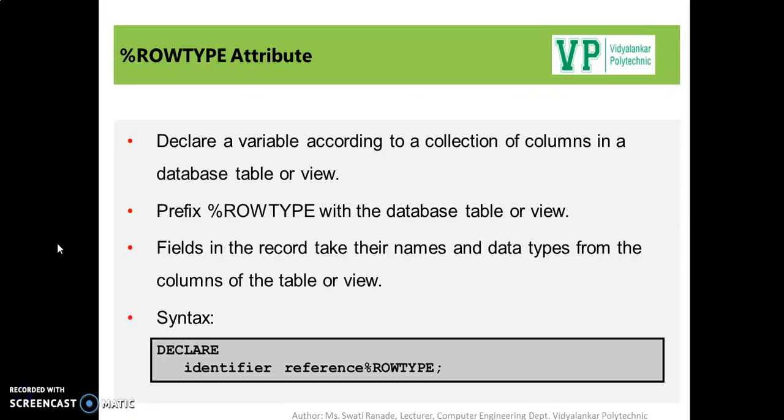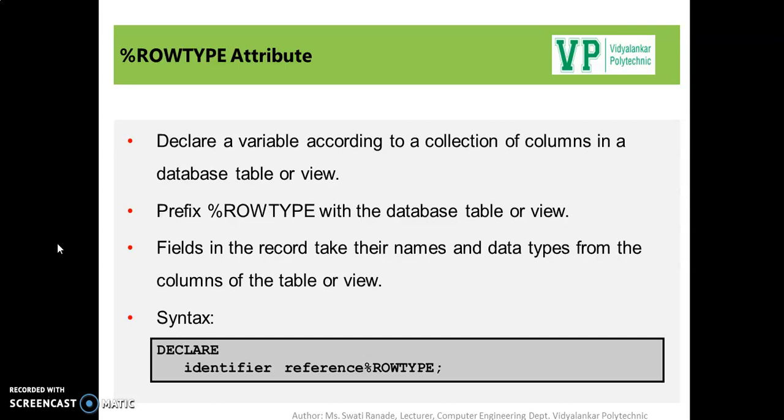Now the next is about the %rowtype attribute. So here we can declare a variable according to a collection of columns in the database table or view. The prefix %rowtype with the database table or view, and fields in the record take their names and data types from the columns of the table or view.